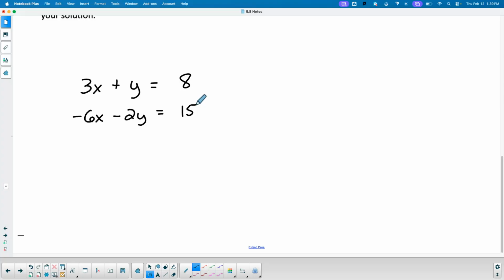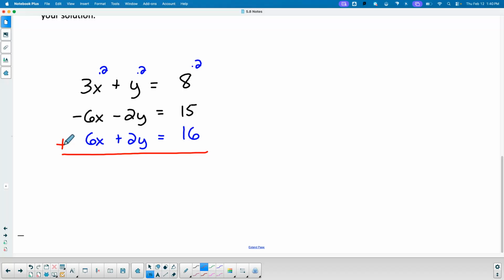Which equation do you want to multiply by what number? So top equation by 2. Okay? Agree with that? Top equation by 2. So I'm going to multiply it here by 2, there by 2, and there by 2. That's going to give me 6x plus 2y equals 16. Now I can add those two together, right? Negative 6x plus 6x, 0. Negative 2y plus 2y, 0.